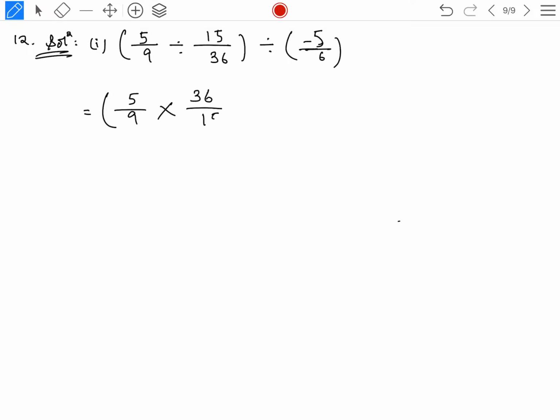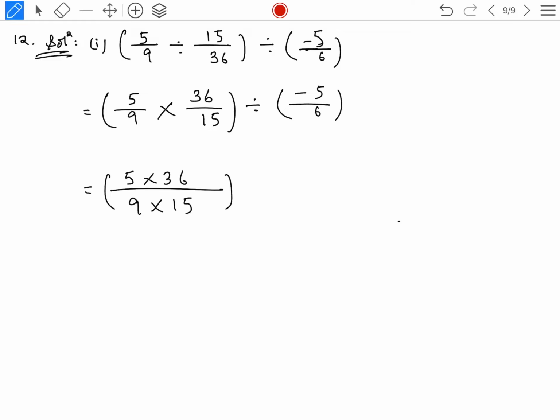First 5 by 9 division, make it multiplication, write the reciprocal. You will leave the other divide as it is. We'll do that after we solve the first bracket part. Multiply numerator into numerator, then denominator into denominator, divided by minus 5 by 6.